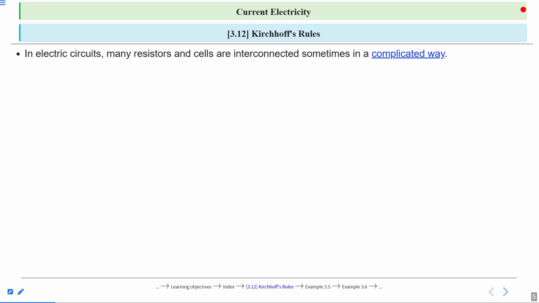In some electrical circuits, many resistors and cells are interconnected, sometimes in a complicated way.